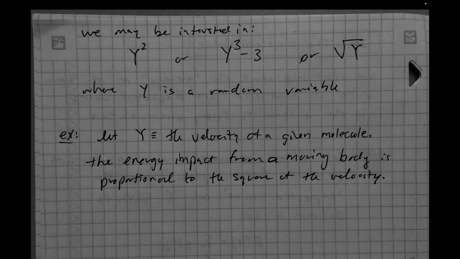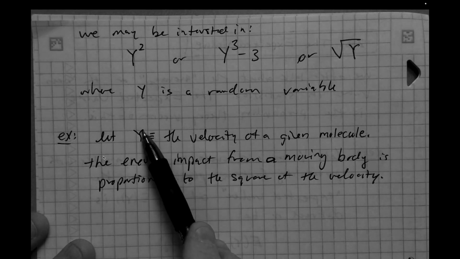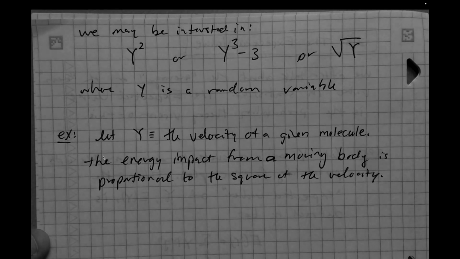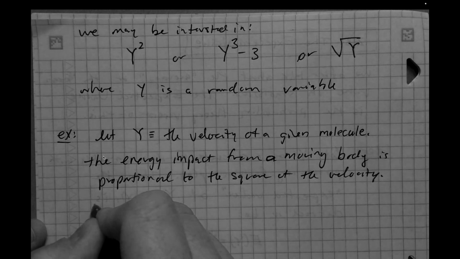So if we're modeling or capturing the velocity of a given molecule using a random variable y, and the energy impact from a moving body is proportional to the square of the velocity, then if we're interested in the energy transmitted by a molecule, we would be interested in not y, but y squared.